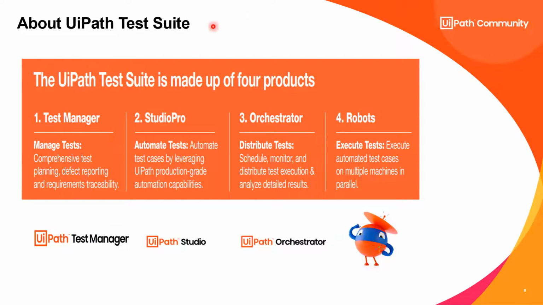Yeah, thank you, Amita, for the detailed introduction to scriptless automation. Now here we'll discuss UiPath Test Suite, which is a combination of Test Manager, Studio Pro, Orchestrator, and robots. Generally, Test Manager is a place where we manage all of our test cases, settings, and configuration-related things.